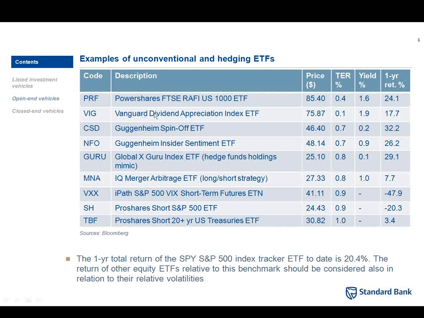Then getting down to some selection criteria, you've got the Vanguard Dividend Appreciation Index, so it chooses companies that pay regular and growing dividends, and there you've got a higher yield, but your 1-year return not as good. Then an interesting one is the Guggenheim spin-off ETF, so that invests solely in companies that have been spun out of bigger companies.